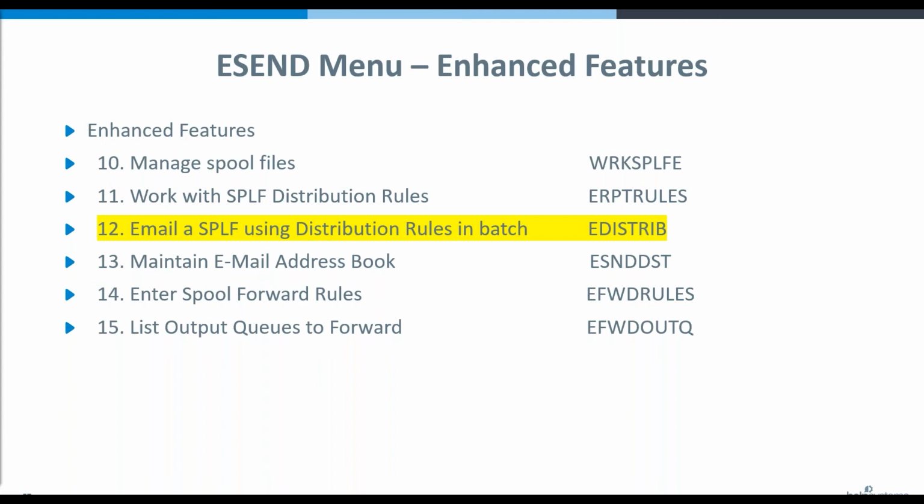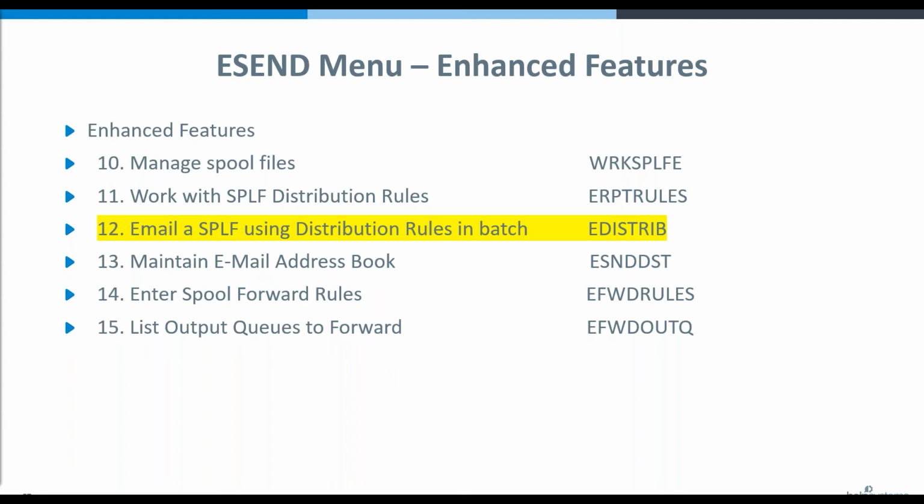Okay, back to the menu again. Another feature that I want to point out is distribution rules. Let's say, once again, you have a methodical process where you produce some type of report for a customer and send them the results. Then you run it again for another customer, and send them the results. You run the report over and over again for individual customers.